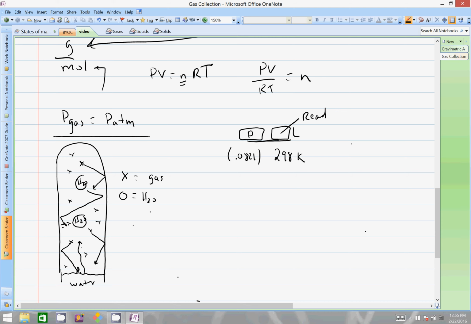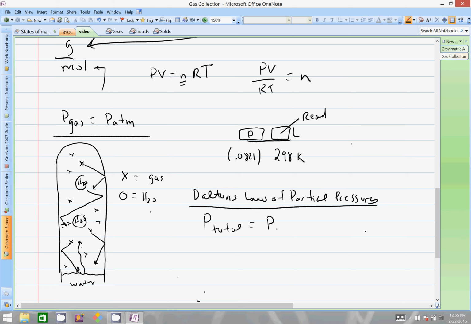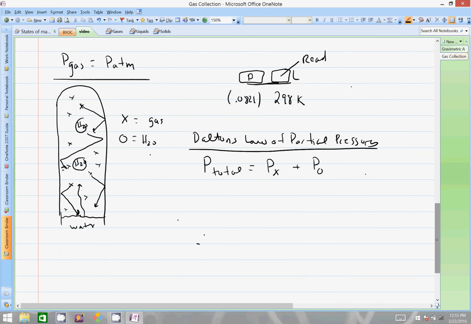Okay, so we have this thing called Dalton's law of partial pressures. And he says that the total pressure inside this thing is equal to the partial pressure of the unknown gas plus the partial pressure of the other gases. So in this case, water and the unknown gas. All right, so at this point, how do we know?